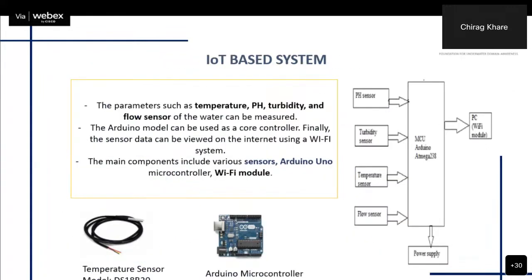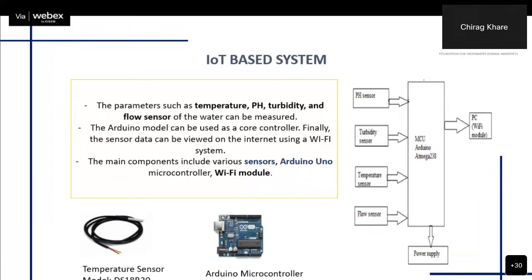Now we'll talk about the IoT based system. Here, the core controller is capable of processing the measured values from the sensors. The core controller is created using the Arduino model. Here, we can also cover the parameters such as temperature, pH, turbidity, and flow of water.